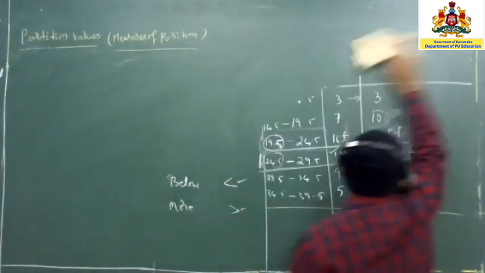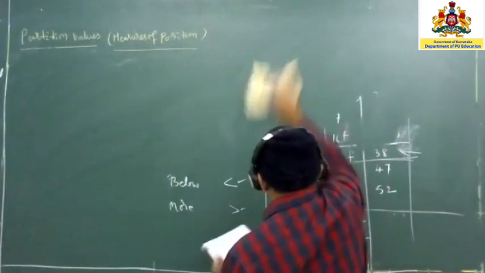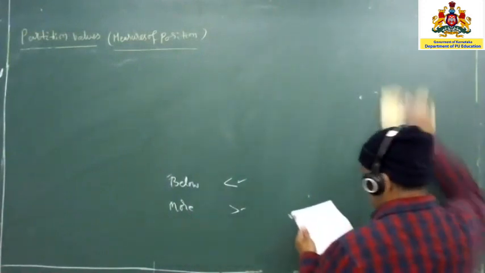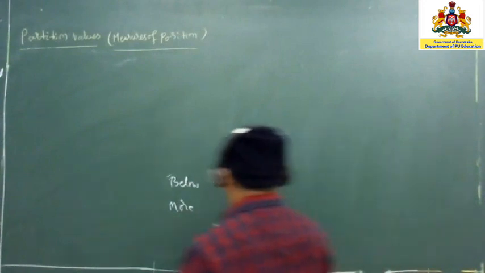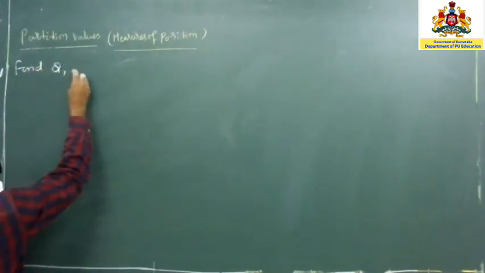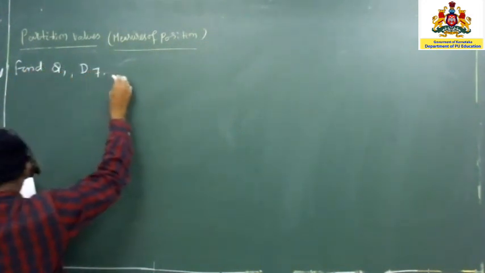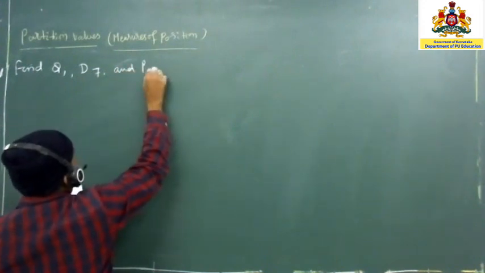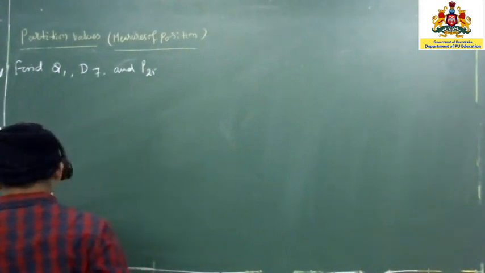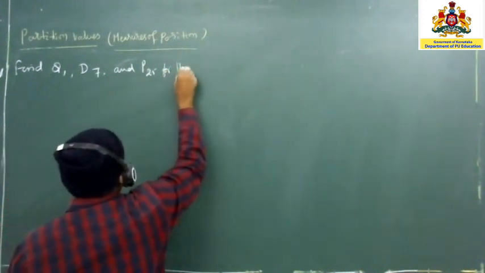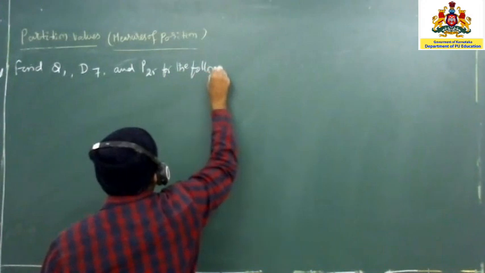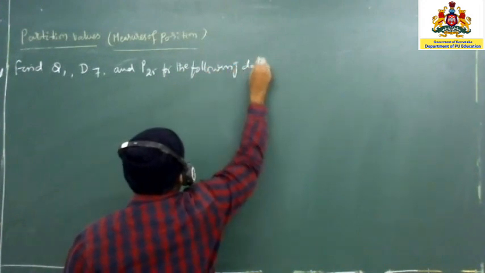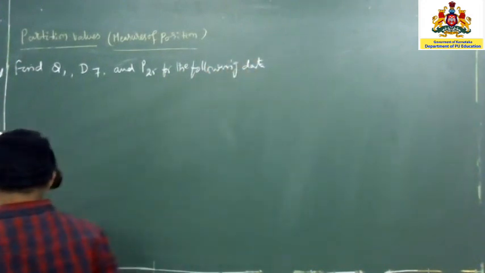So the example I am going to take now, write down the sum here. Find Q1, that is the first quartile, D7, that is the seventh decile, and P25, that is the 25th percentile, for the following data, or the distribution.